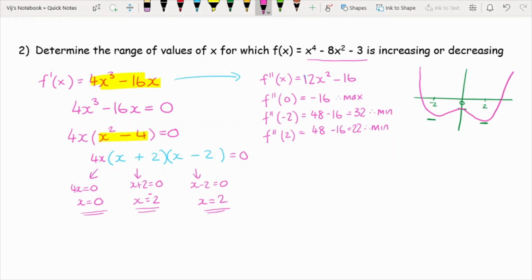So from this W I've got my inflection points. Now again, it's not really drawn correctly, let me just tweak that so that it is. Let's start again.